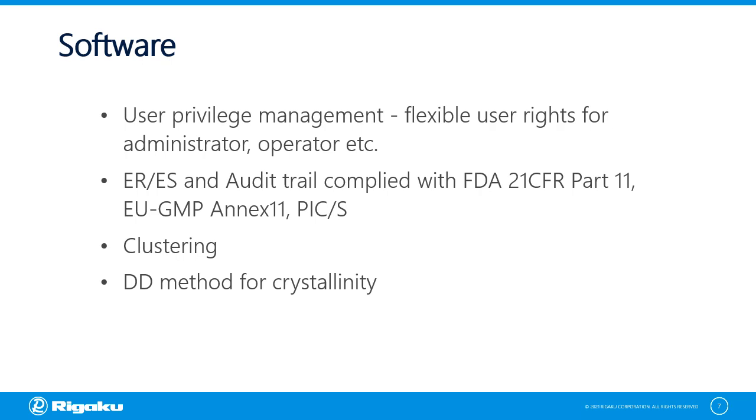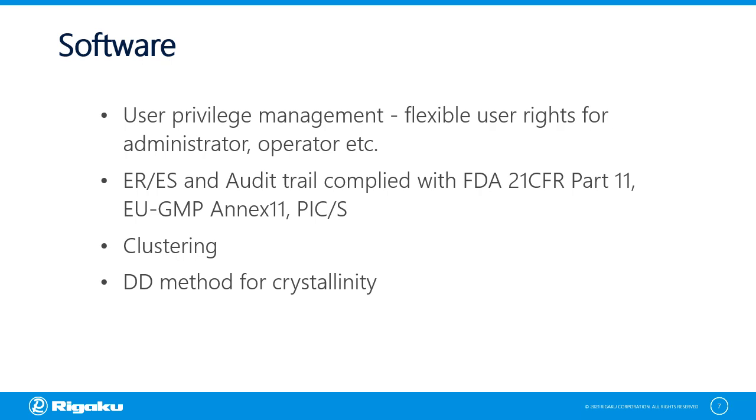Software integrated with SmartLab equips generally requested application and user management capabilities. For example, automated search match for phase identification, peak search, quantification by calibration curve, whole powder pattern fitting, and Rietveld refinement.